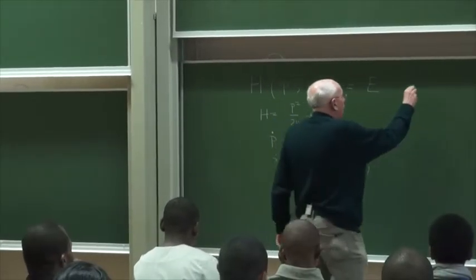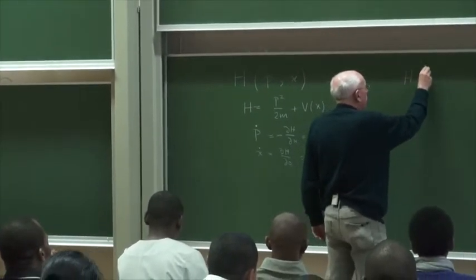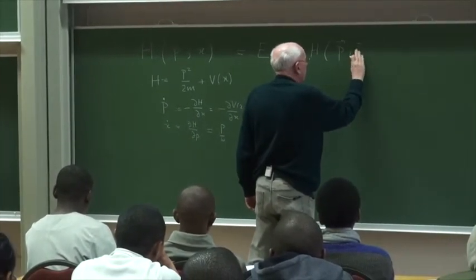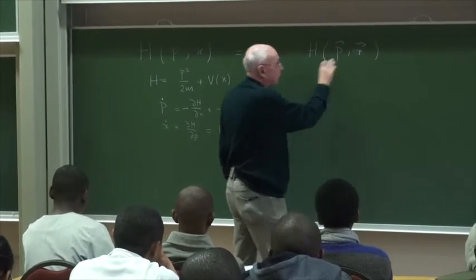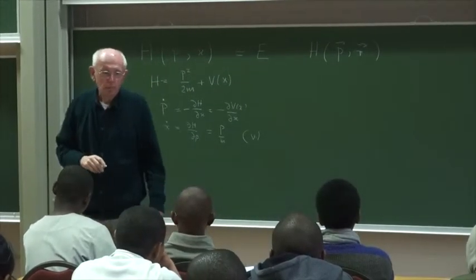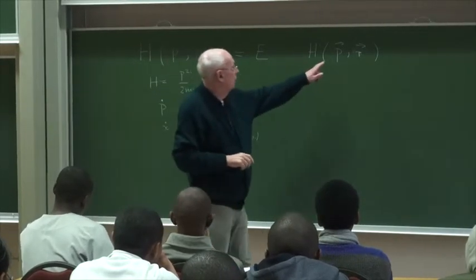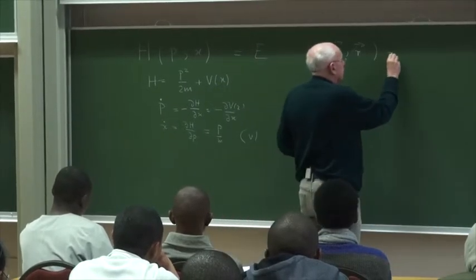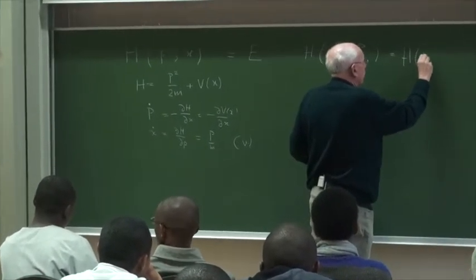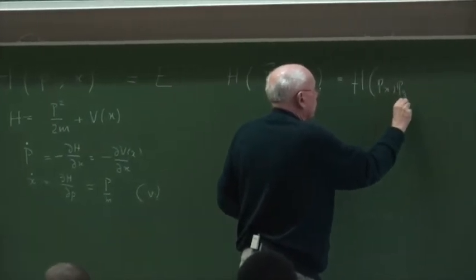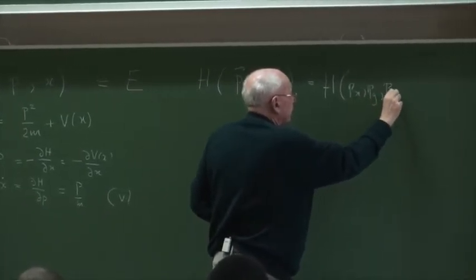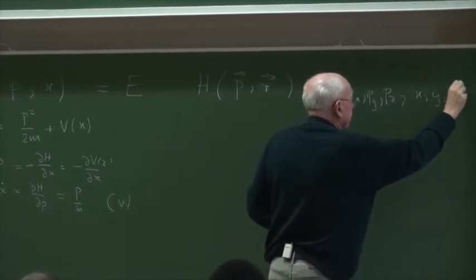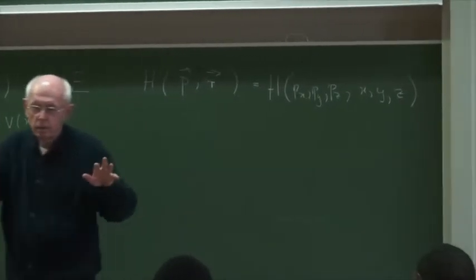And so my h now in future will depend on p as a vector, which means that h is a function of px, py, pz, and of x, y, and z. So it depends on six things.